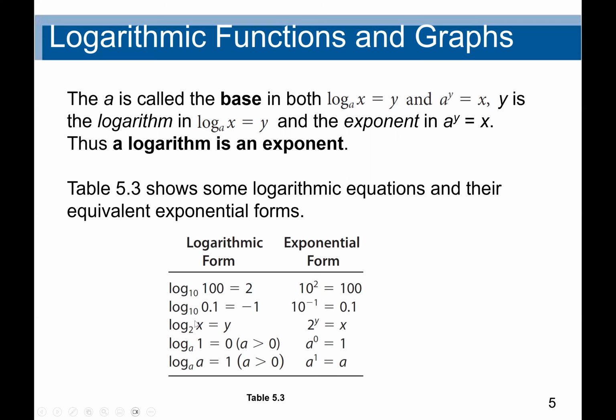Next we have log base 10 of 0.1. That's equal to -1 because 10 to the power -1 is equal to 0.1. Log base 2 of x equal to y is the same as writing it in exponential form: 2 is the base, so 2 to the power y equal to x.